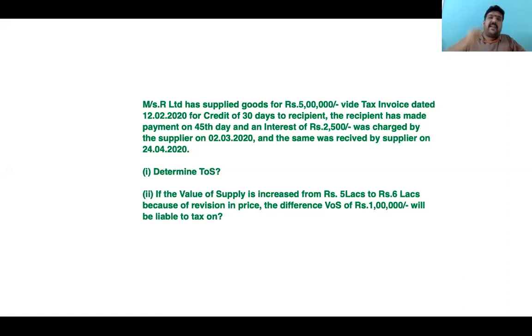A supplier will increase his value of supply. I already billed you 5 lakh. Along with that, take this document also for 1 lakh. That extra document may be issued now only. Okay. Difference value of supply for rupees 1 lakh. Maybe if you want, I can also share it to you.